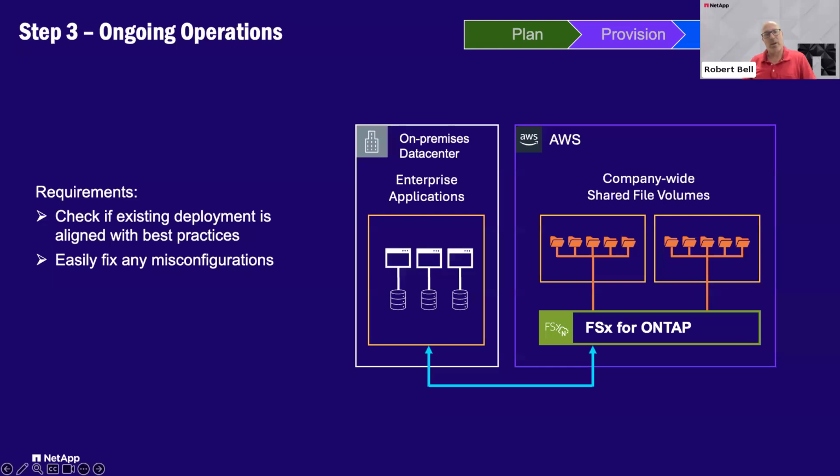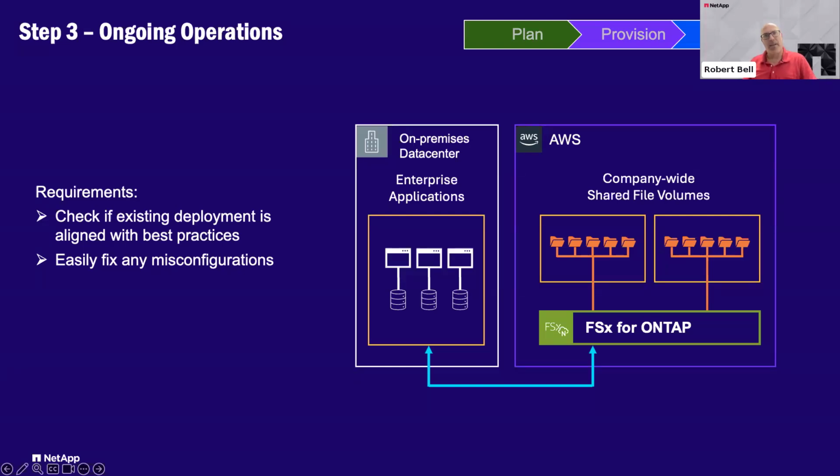And this is, I think, one of the benefits of using an orchestration tool like Workload Factory: it doesn't just help you plan and deploy, but it checks that you deployed according to best practices, and it checks that you're still aligned with these best practices. It could be that there's been a drift. Maybe the nature of the usage of your infrastructure has changed and it needs to be adapted, or maybe it's just, like I said, the psychology of over provisioning.